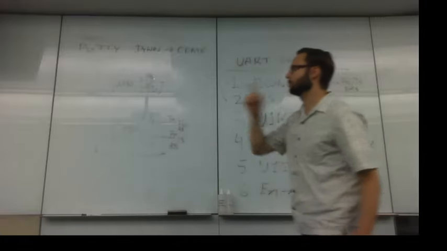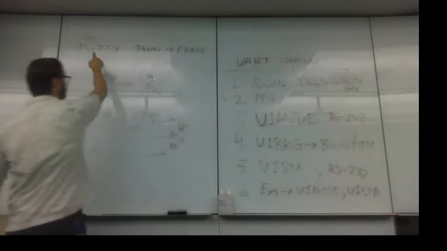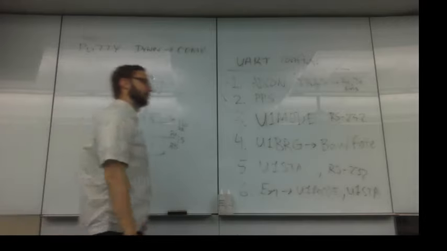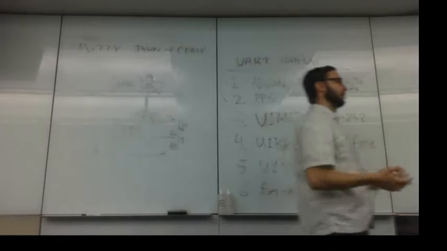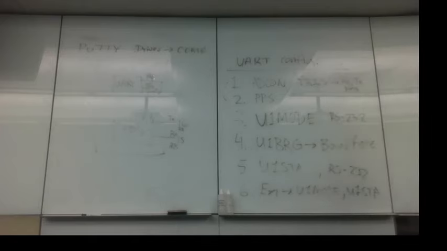Then you point PuTTY to COM0, you set up PuTTY to receive a certain baud rate, and then you set up the PIC in your code to be the same baud rate.